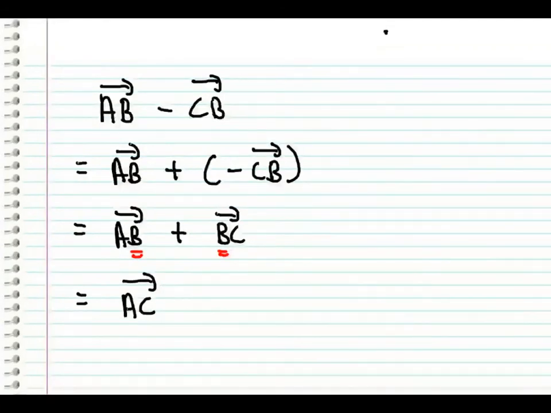And then we get AB plus BC. From previous slides, negative CB is the same as BC. And now look at AB plus BC. The second letter of the first vector is the same as the first letter of the second vector. As you have learned previously, this will give us AC.